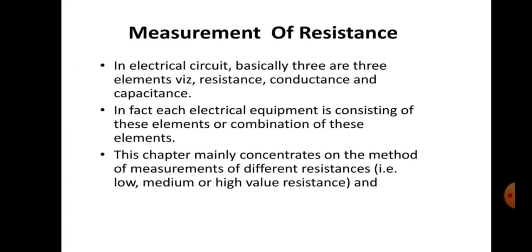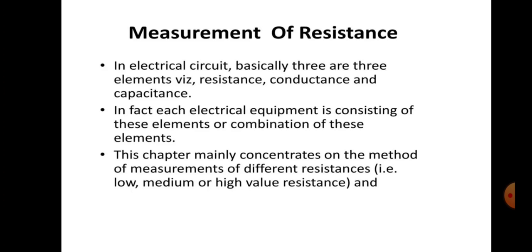So what is actually the measurement of resistance? In an electrical circuit, basically there are three elements, that is resistance, conductance and capacitance. Okay, so as you have already seen the basic types of components, you must know what are the different components that we can use to design a circuit.